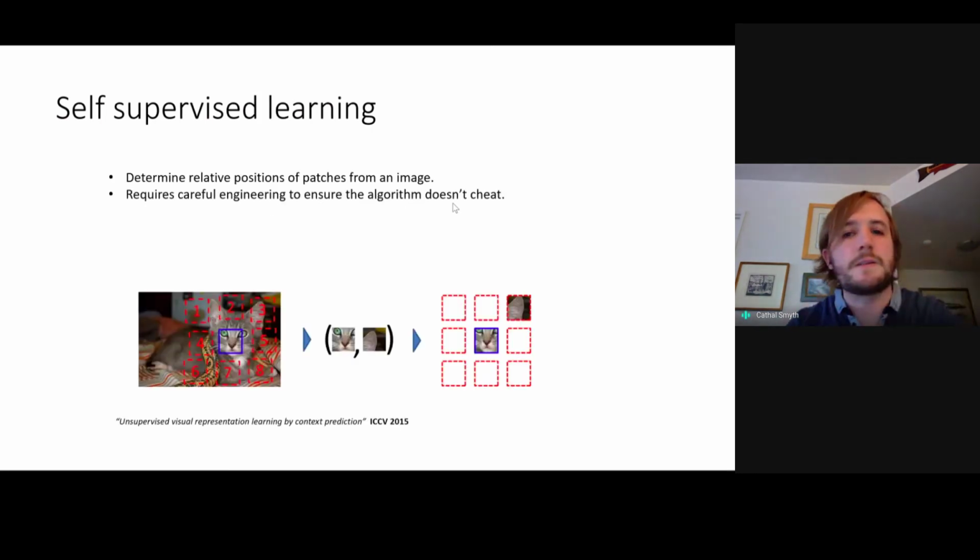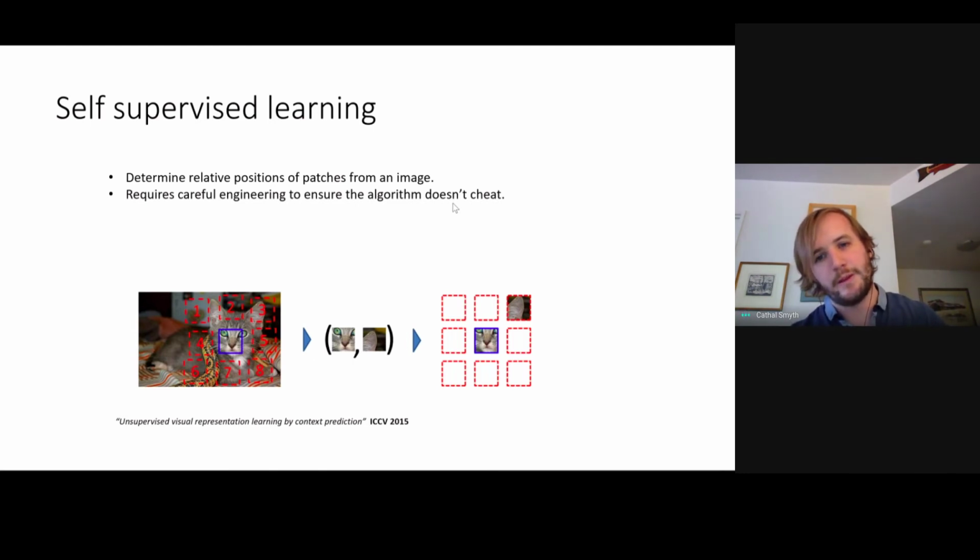So here's an example of self-supervised learning with images. In this image of a cat, you have to determine the relative positions of patches from the image. So given this central patch of the cat's face, you have its left ear. You have to decide where in this image the ear is going to be. So you've got 8 possible candidates.